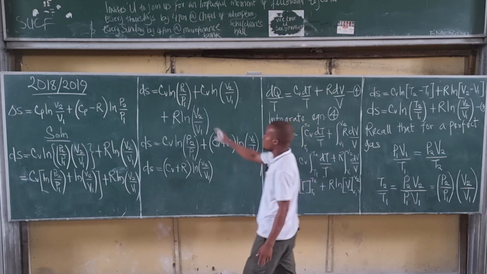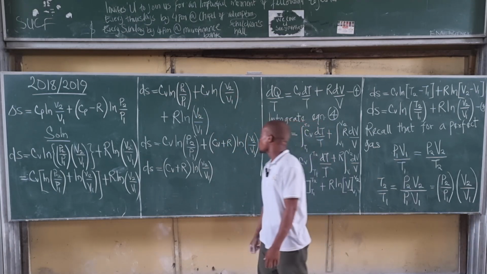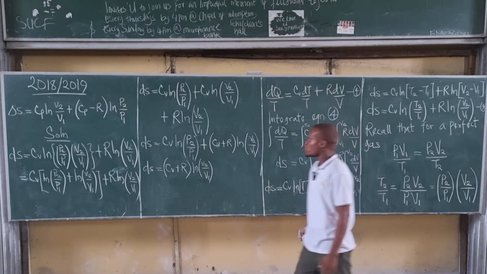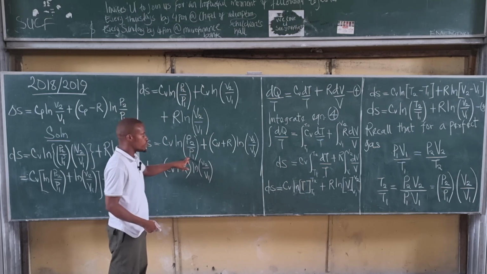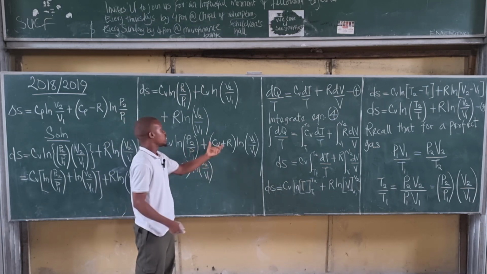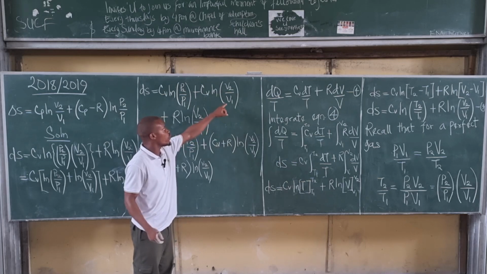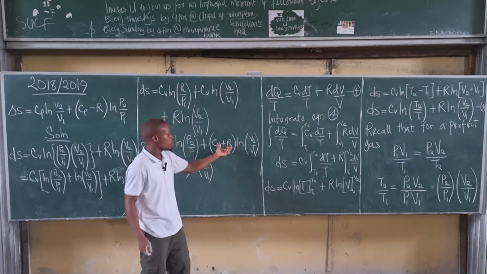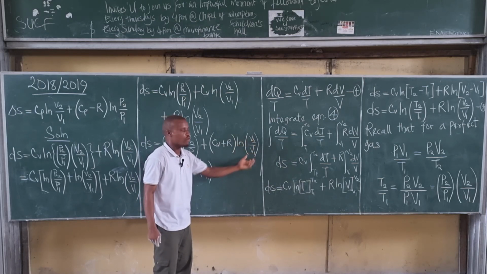Simplifying this, since both of these carry ln V2 over V1, we can factorize. We get Cv plus R, multiplied by ln V2 over V1, which is common to both of them.